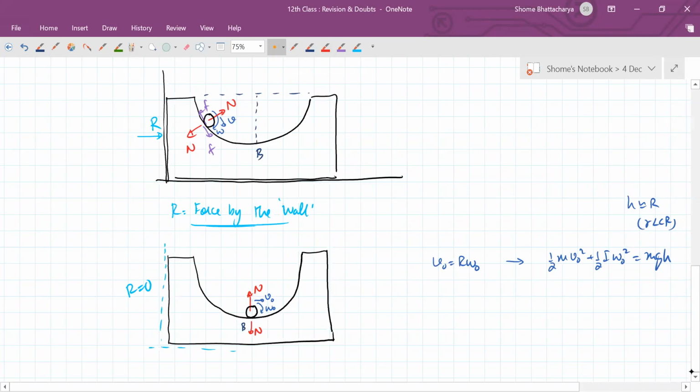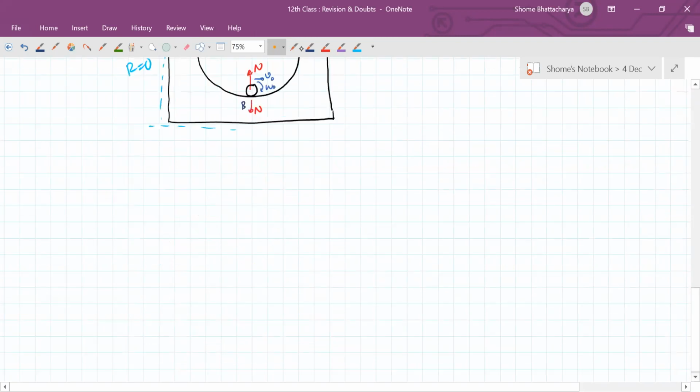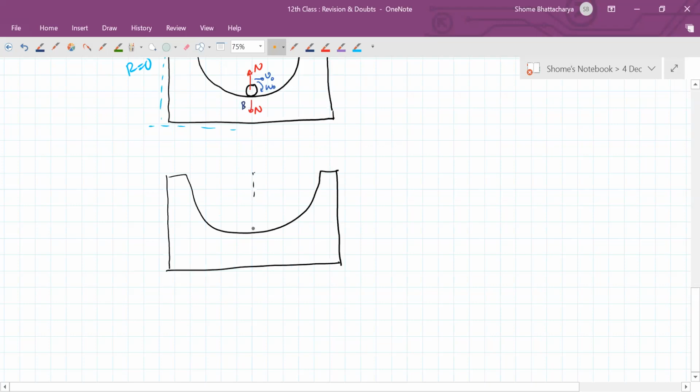Now when it crosses the point B, the situation becomes very interesting again. Once it crosses the point B, you will see that the wedge starts moving. So now the momentum starts to transfer again in a different way.